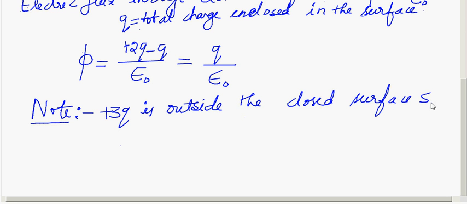So we are not considering it when we apply Gauss law. While applying Gauss law, remember we have to consider only the charges which are inside the closed surface.